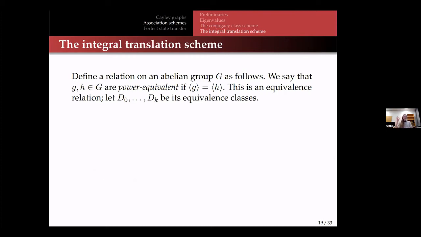We take the group and define an equivalence relation. We say that two elements G and H in our group are power equivalent if they generate the same cyclic subgroup.